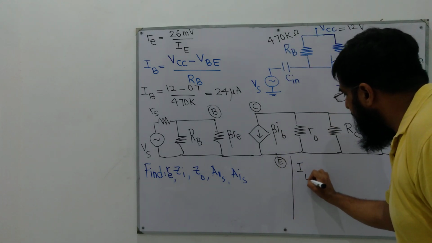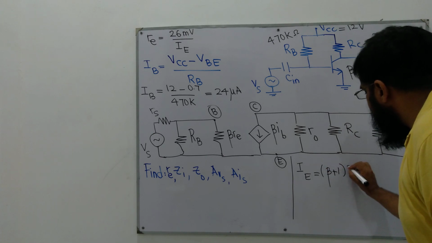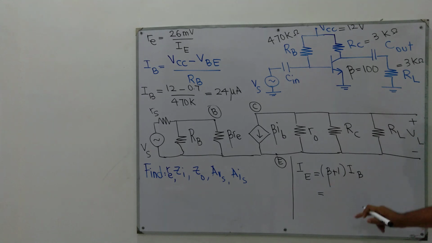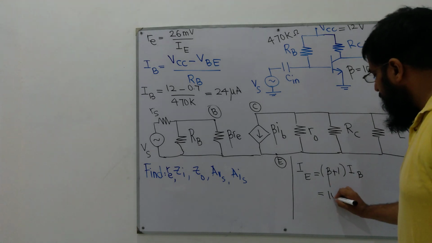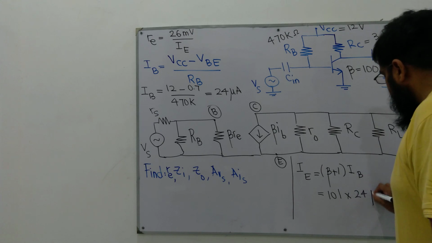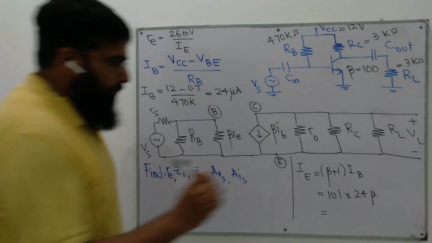Once we know IB, we can find IE by multiplying this with beta plus 1. This we have already studied, that IC is beta times IB, IE is beta plus 1 times IB. So beta plus 1 is 101 times IB, and IB is 24 micro. So IE is 2.43 milli.